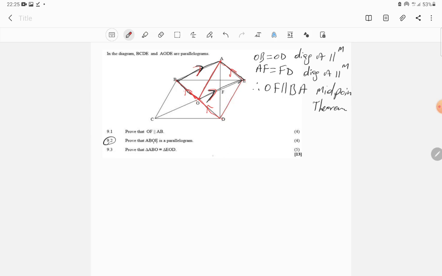Now we know that AB, for the presentation now, AB is parallel to OE. Reason: we did prove that. Then we know that OD is parallel to EA from the beginning, from the original parallelogram that was given.